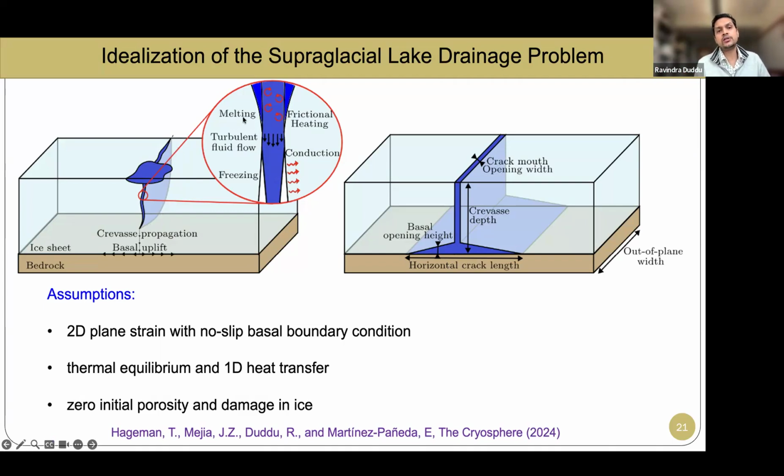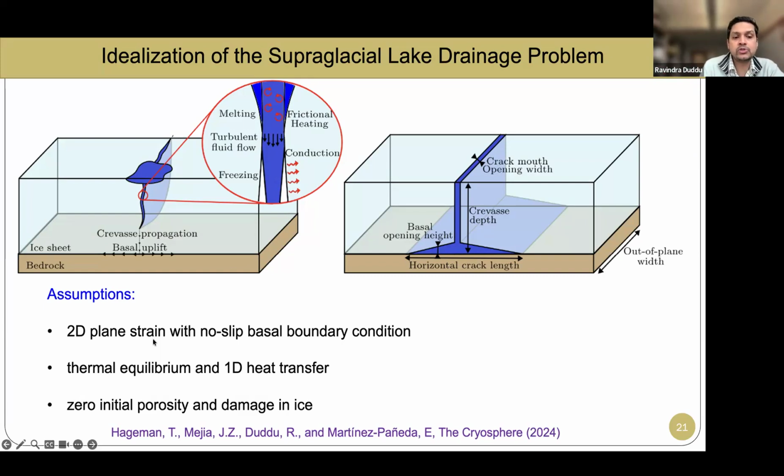There's too much going on in terms of the water either being able to freeze in the cracks, or able to induce frictional heating and melt the cracks open, or you can have turbulent fluid flow that actually causes the frictional heating. And then there is conduction of heat from the liquid water to the solid ice. So there are all these processes happening.